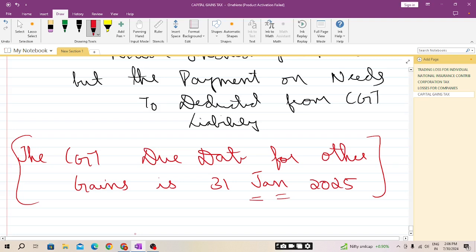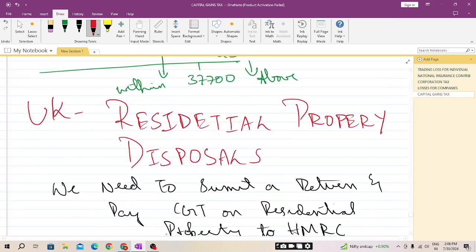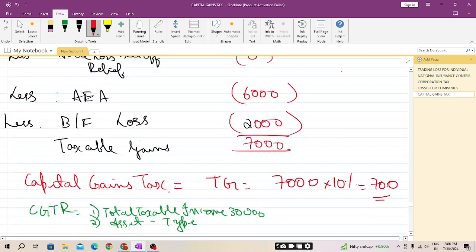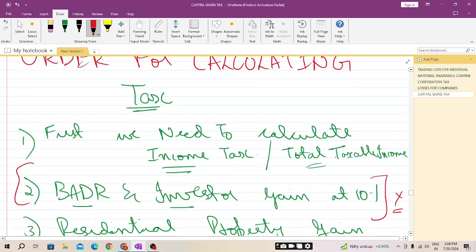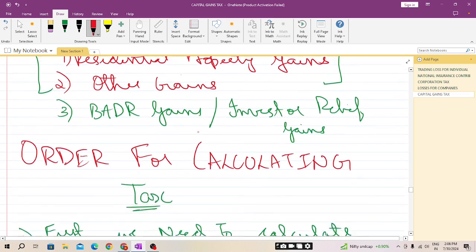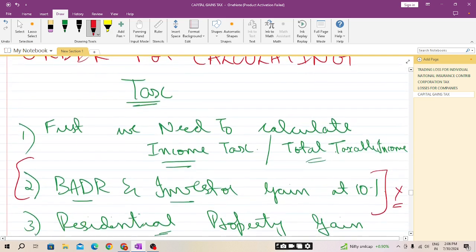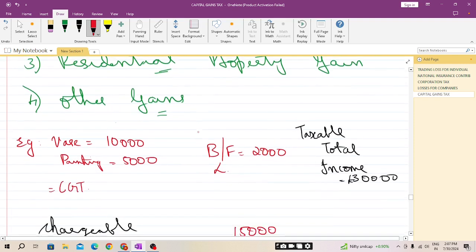Students, please do see here, residential gains, other gains, AEA set off, order for calculating income tax, then residential and then other gains.